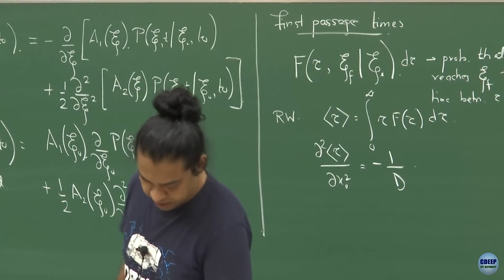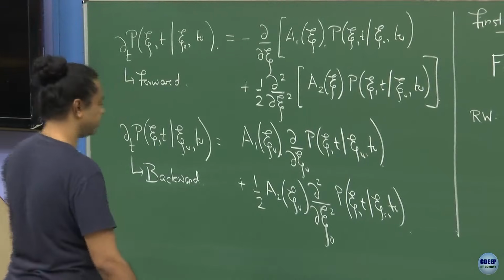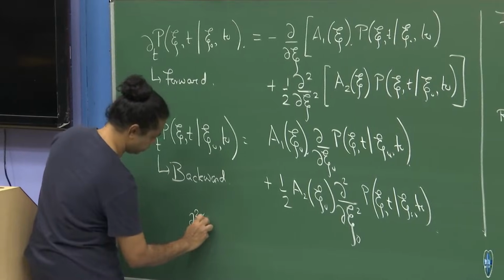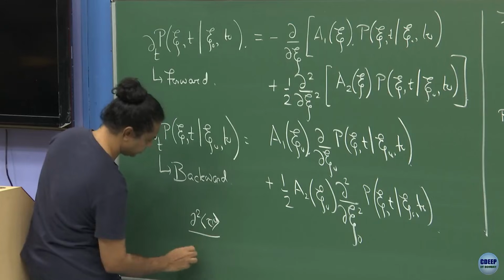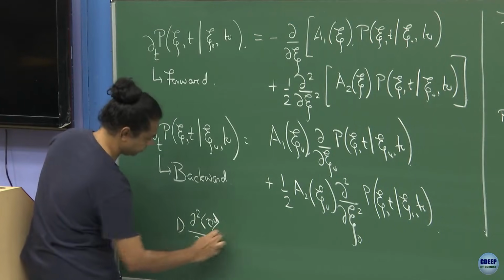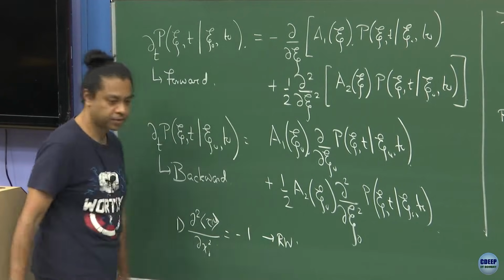So del 2 tau of x naught, so tau starting from the position x naught, with respect to x naught squared times D is equal to minus 1. This is for the range.